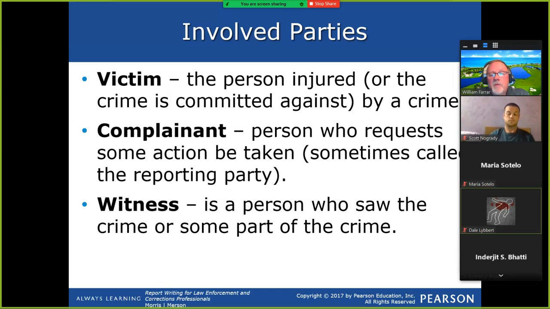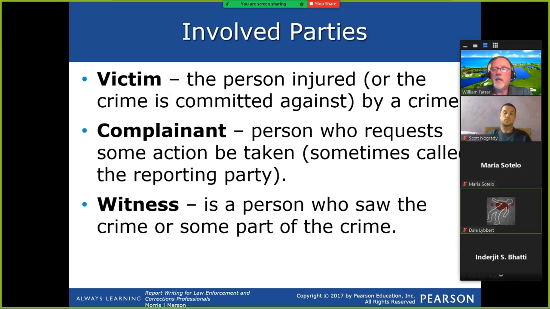A complainant is the person who requests some action be taken, and a lot of times the complainant is referred to as the reporting party. Sometimes you might even hear RP for reporting party, so you might hear somebody refer to that individual as an RP. And a witness is a person who saw the crime or a part of it.